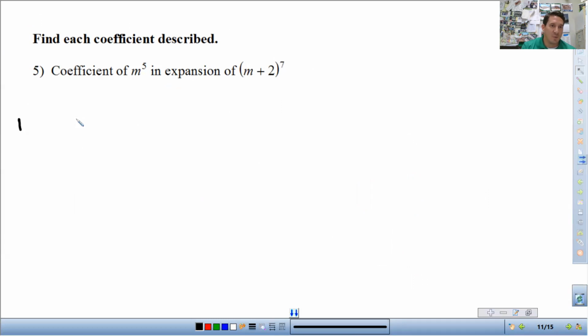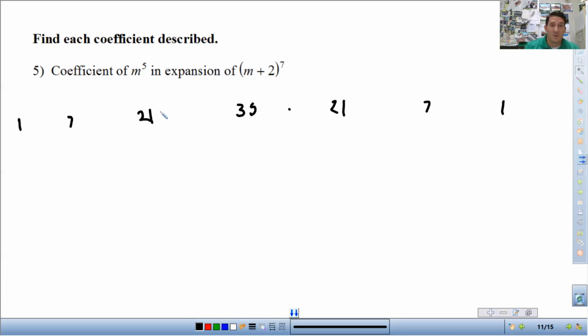So again, we need the row: 1, 7, 21, 35, 35, 21, 7, 1, I believe.